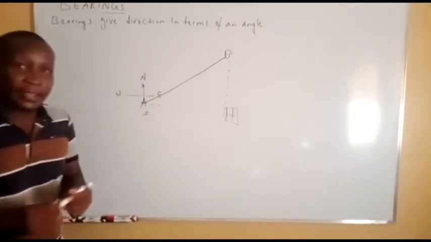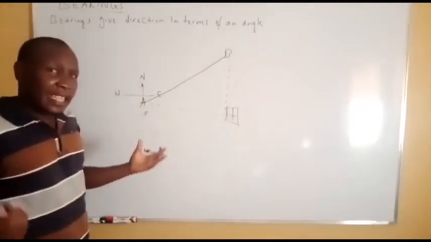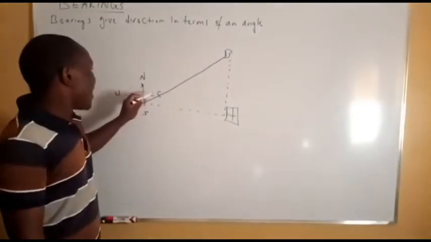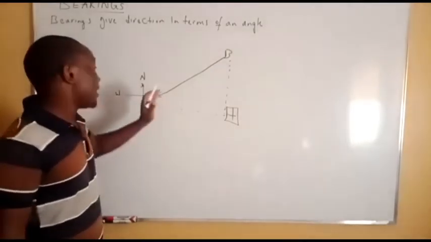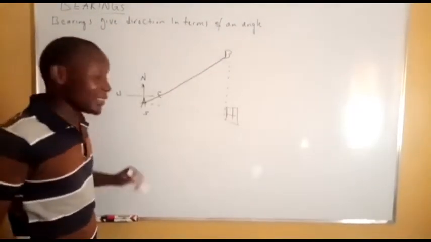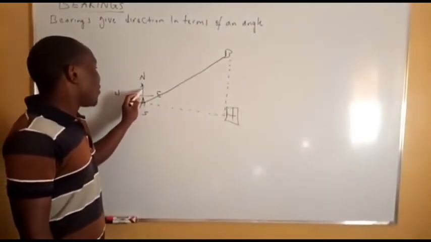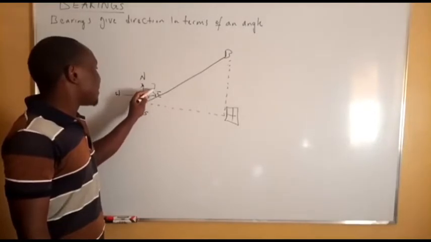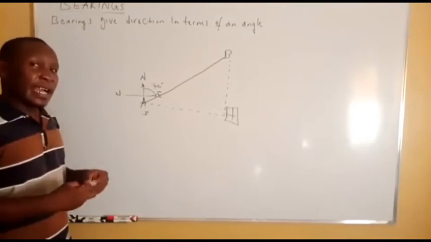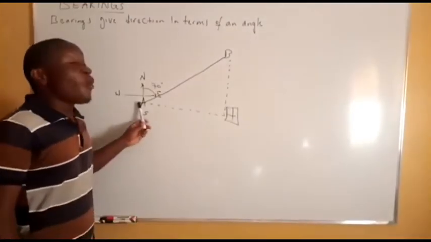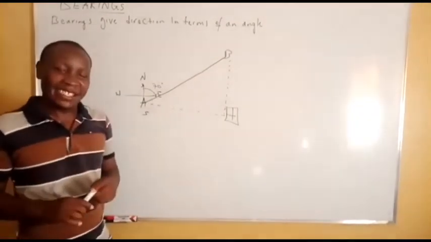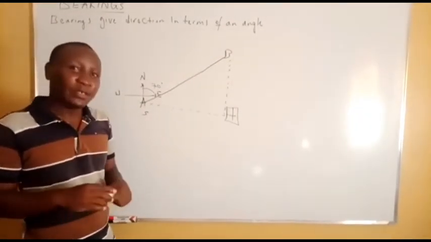Now imagine the angle being formed by the north and the straight line joining the 2 towns. Let's say this angle is 70 degrees.